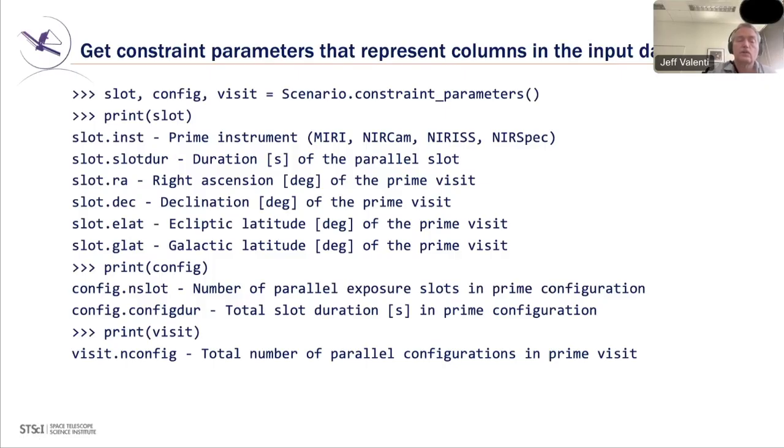And the reason they're each in three different bundles or containers is that the number of slots is not a property of an individual slot. It's a property of the configuration. And the number of configurations is not a property of a slot or a configuration, it's a property of a visit. And it's necessary to make that distinction and to make the magic that you'll see in a moment work.